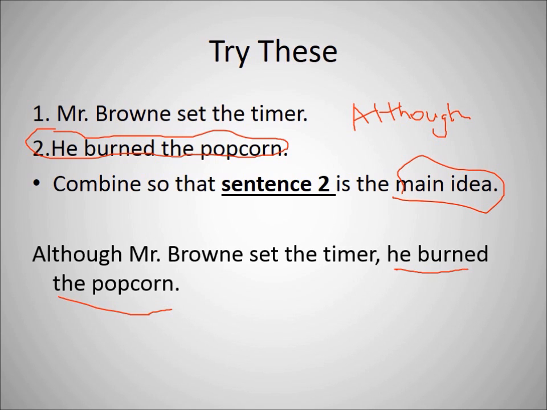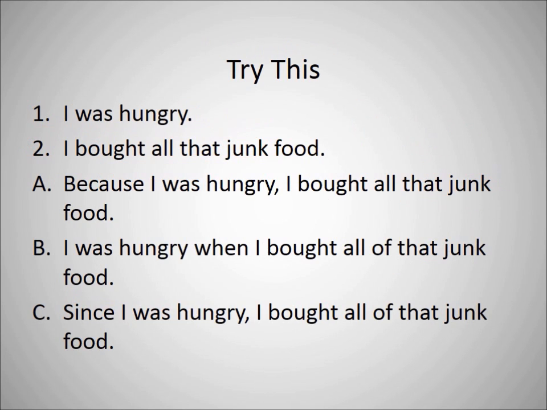I want you to look at another sentence. I also want you to write this down because you're going to bring this to class as well as the sentences that you just did. Look at the first sentence: "I was hungry." The second sentence is, "I bought all that junk food." Listen carefully to your instructions.